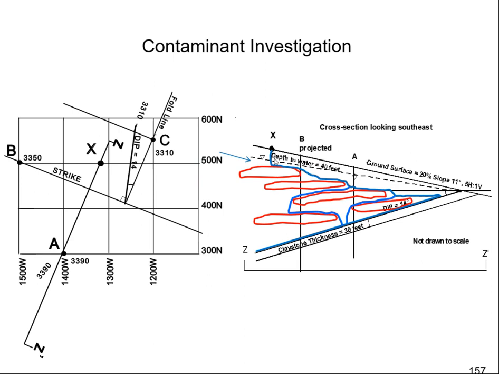Directly under the site, it's not going to be there because there are no boreholes there. The claystone thickness is dipping, so that would be an unlikely choice. And it doesn't say much about A, but A is directly down gradient from the leaking tank and down the hill. So that's why borehole A would be the most likely solution.